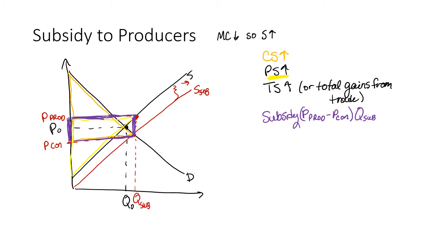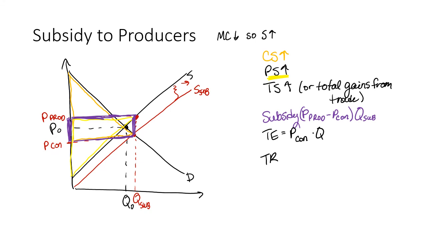And what's next? Oh, we should talk about total expenditures and total revenue again. So total expenditures is the price that consumers are the one doing the spending, so it is the consumer price times the quantity.